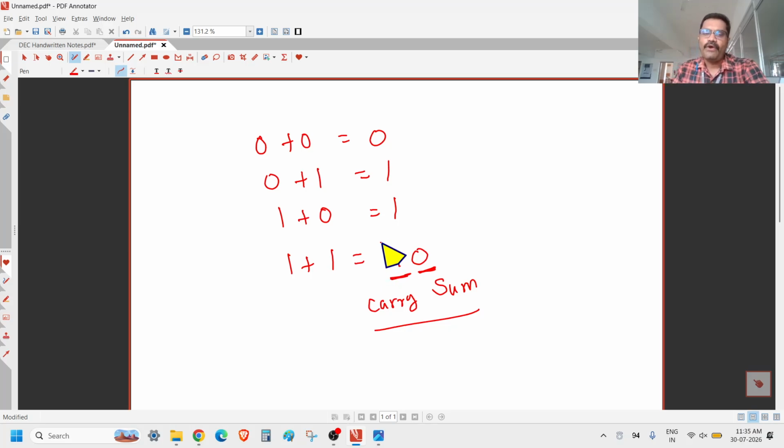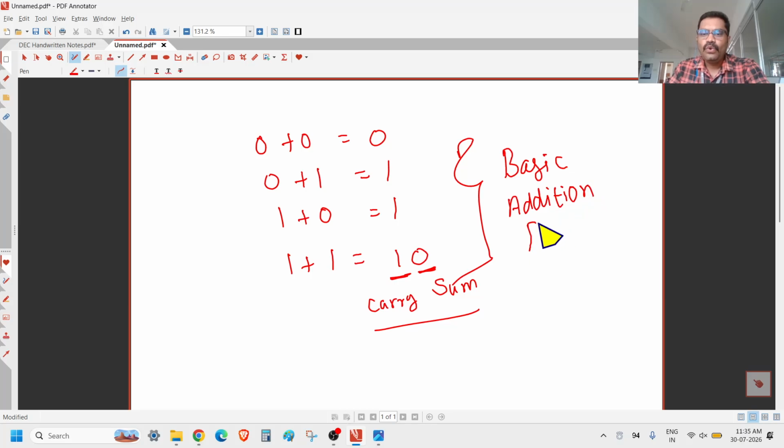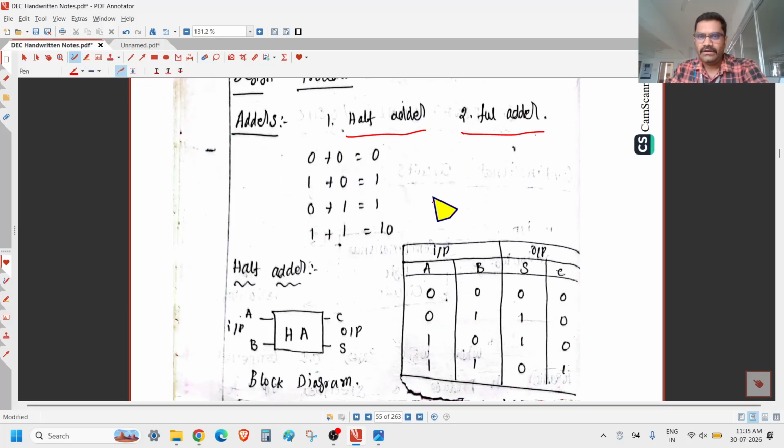That is the important point. With the help of this basic addition rule only, we are going to design the half adder and full adder circuits.